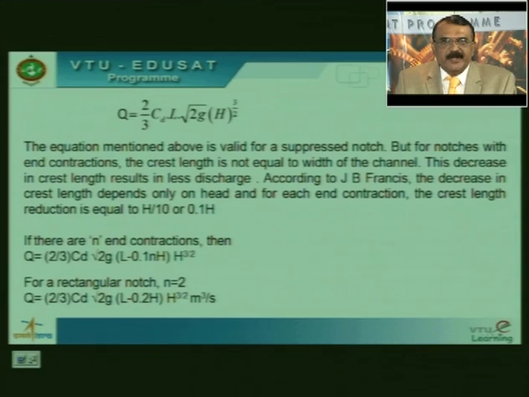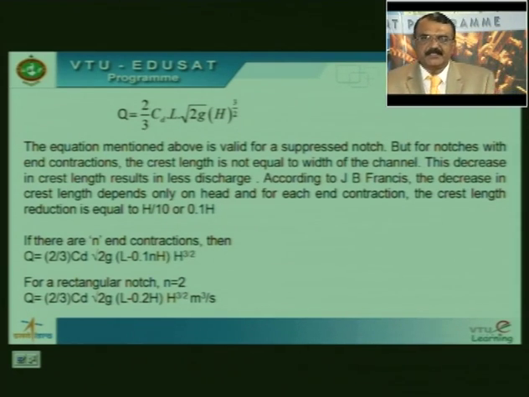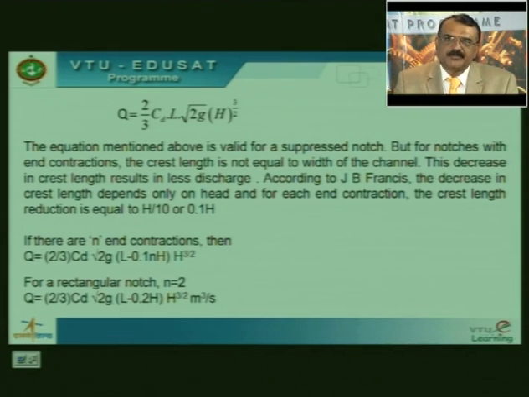The equation we derived just now holds good for a suppressed notch. What is a suppressed notch? If the length of the notch is equal to the width of the channel, then we call it a suppressed notch or notch without end contraction. If the length of the notch is less than the width of the channel, then it is not a suppressed notch. It is called a notch with end contractions.